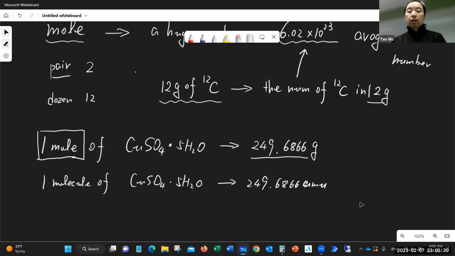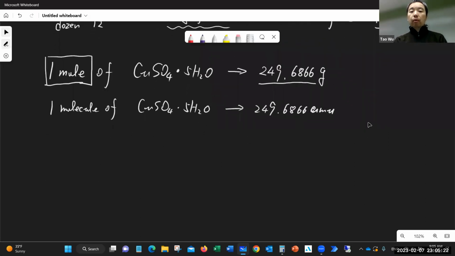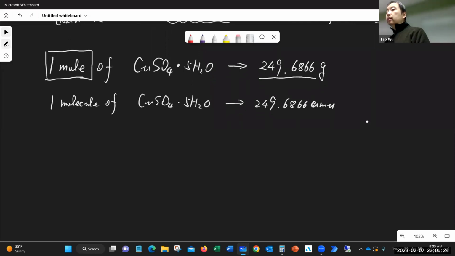All right, so this is talking about 1 mole. Since we know 1 mole of a thing corresponds to a certain mass, we introduce another name, called the molar mass.